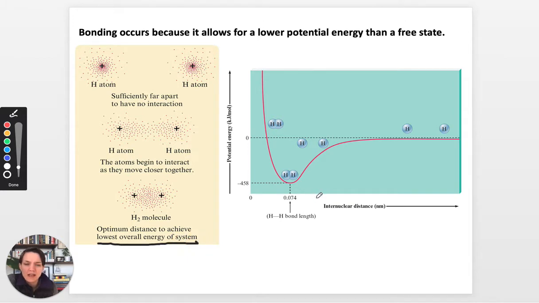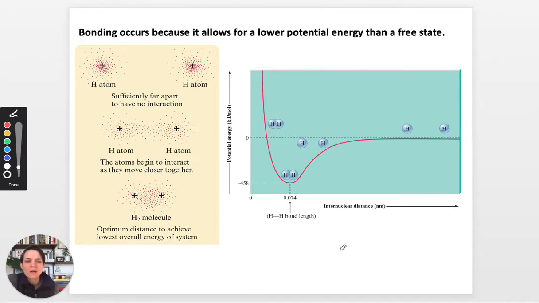And so that point at which your two atoms that are forming a bond are at their optimum bond length is going to be that lowest point of potential energy, which is shown here as a negative 458 kilojoules per mole. Notice if you then took those hydrogens and tried to squeeze them together, you would have an increase in that potential energy, which is what this combination of hydrogen atoms is trying to demonstrate.